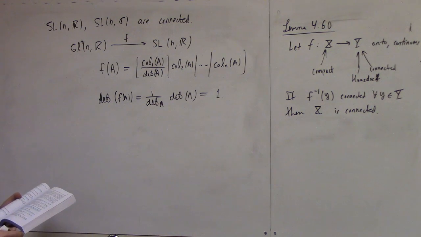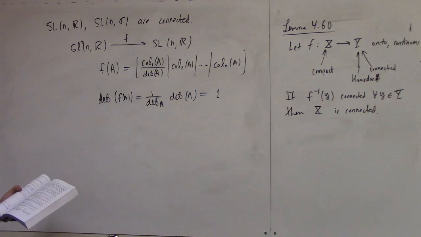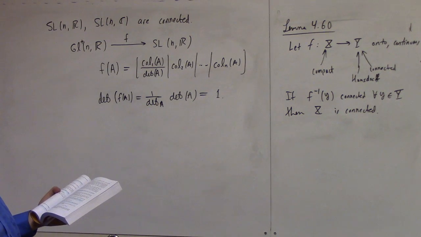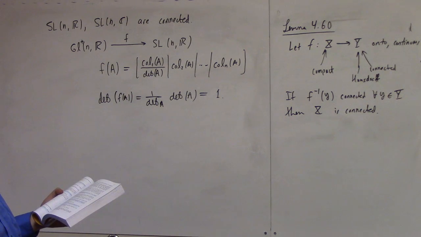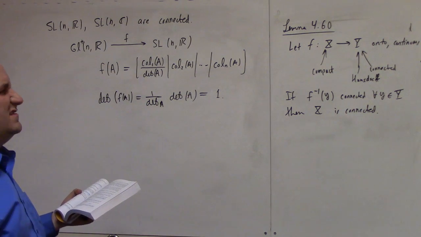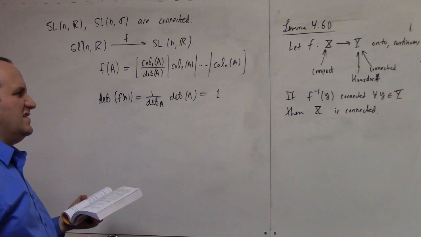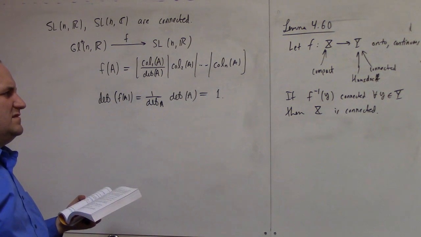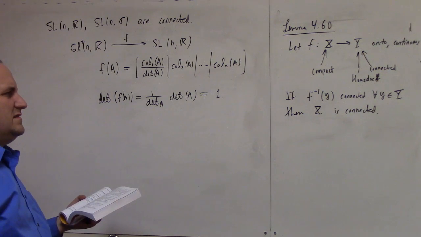Again, he says the map F is closed, clearly it's closed. How do you know it's closed? It's a surjection. It's continuous. X is compact.